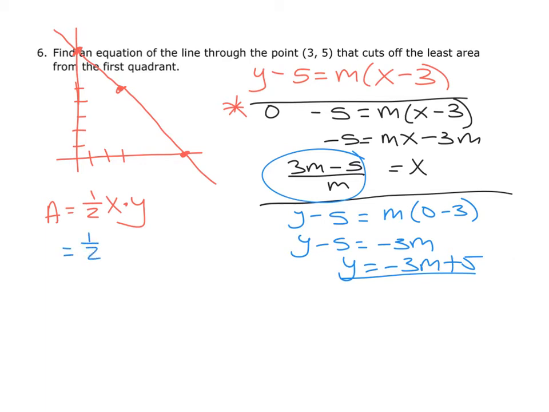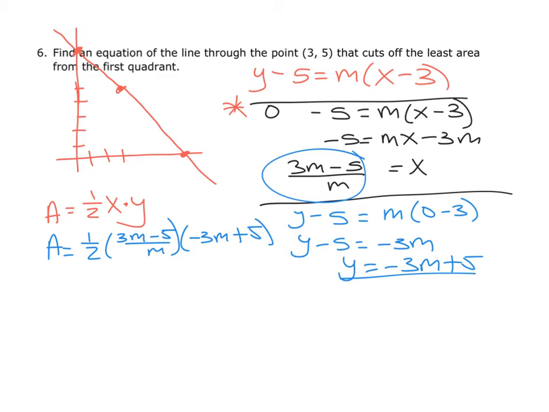So that's 1/2 times (3m minus 5) all over m, times (-3m plus 5). So that's my area. Now this is what I have to take the derivative of. I'm trying to think how I did this a while ago. I think I multiplied it all out first because it's a quotient rule, and I didn't want to do a quotient and a product rule.